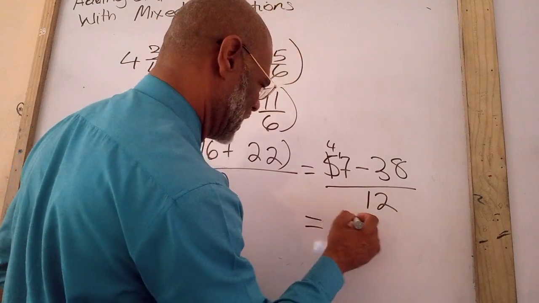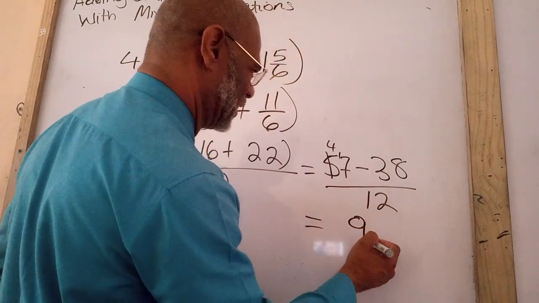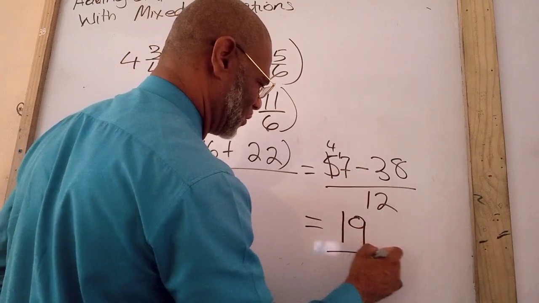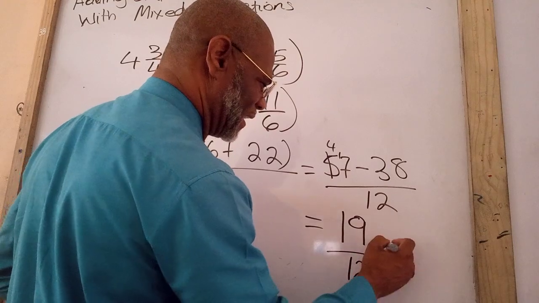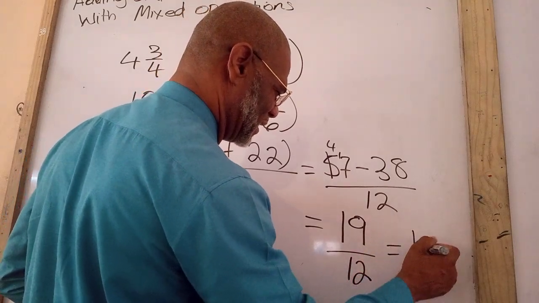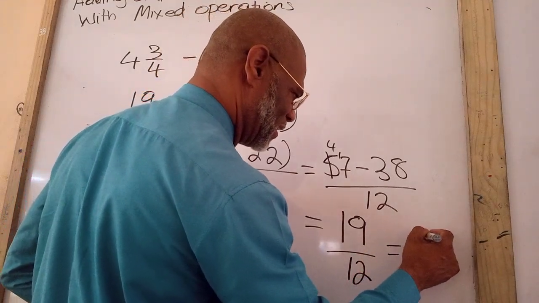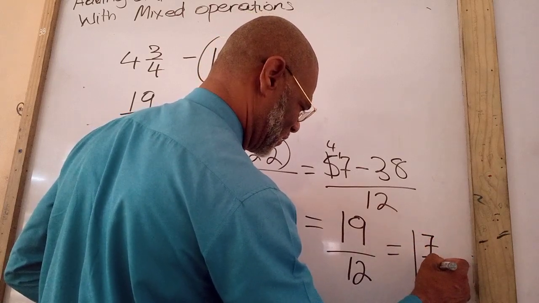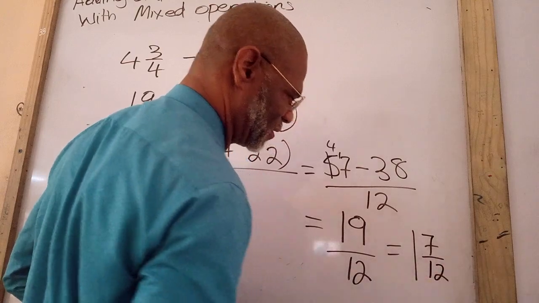That's what? 9. 9 and 8, 17. And then 3 from 4 is 1 over 12. And that's equal to 1 and 7. So 7 over 12. Good?